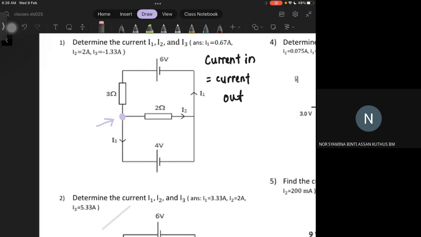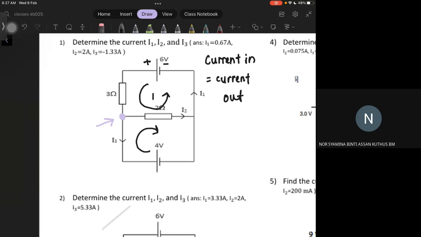Okay, bermaksud untuk loop 1 pada bahagian for voltage yang 6 volt ini adalah, we know this is positive, this is negative, betul? Alright, so your loop 1 would be something like this. Okay, setuju tak? Whereas for your 4 volt punya voltage source, your current will flow from here to here.